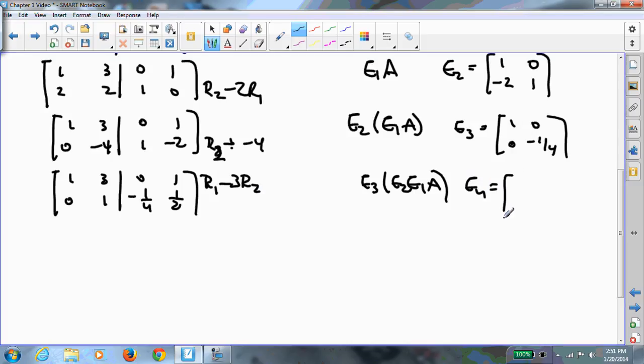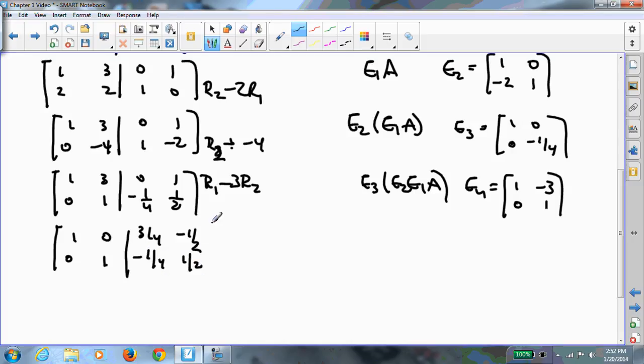E4 is going to be row 1 minus 3 row 2s, and row 2 stays the same. So if I do this, then over here I get 1, 0. 0 plus 3/4 is 3/4. 1 minus 3 halves is negative 1 half. And row 2 stays the same, negative 1/4 and 1 half.